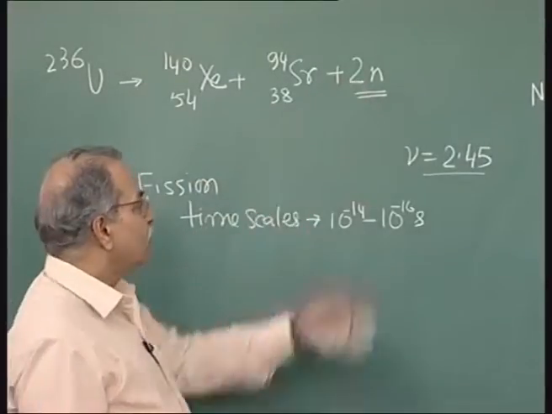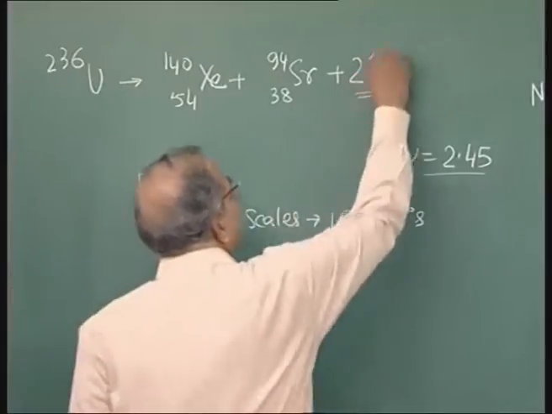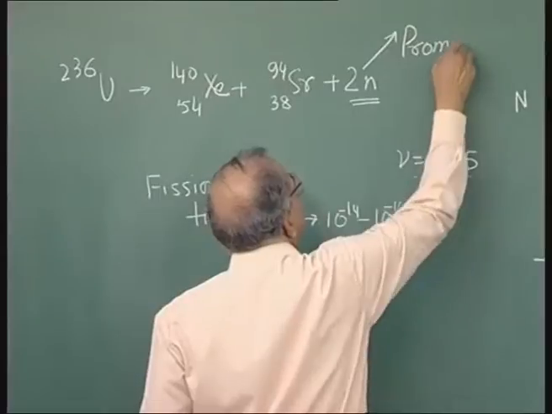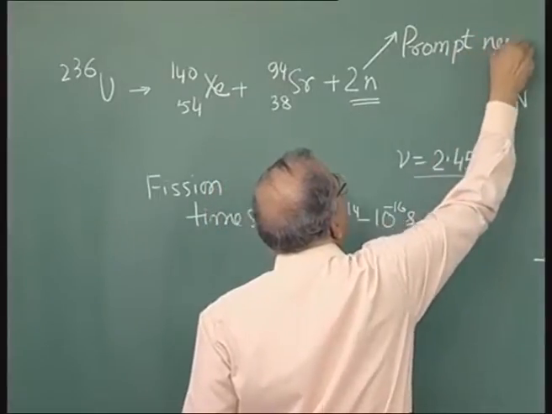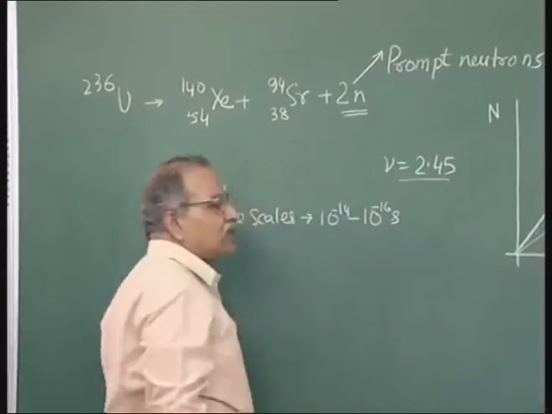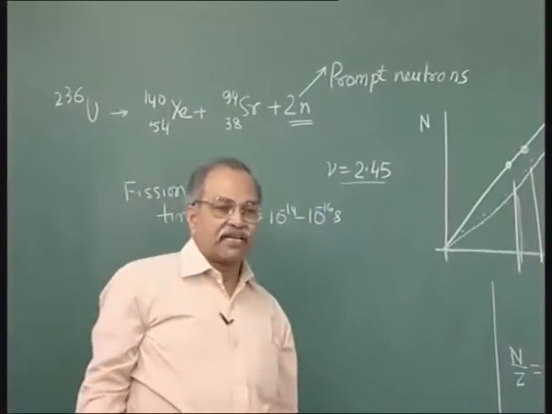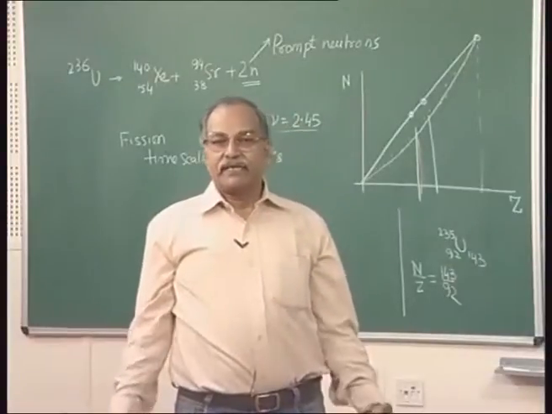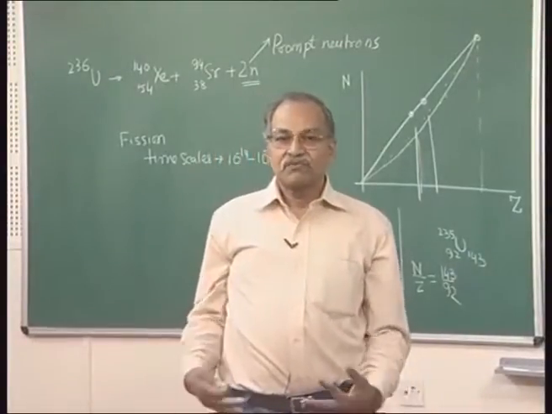So, these neutrons are called prompt neutrons. Together with the fragments 2 or 3 neutrons also come out, and they are known as prompt neutrons.